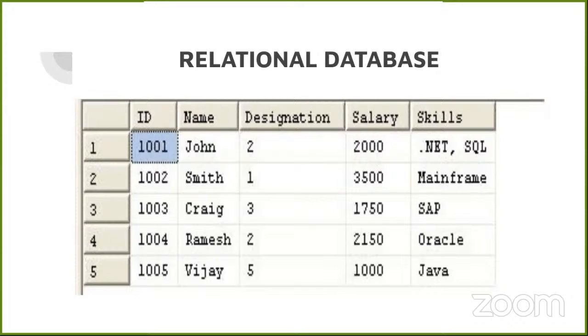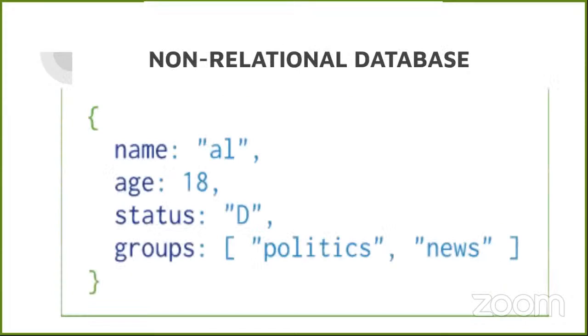So non-relational databases, on the other hand, are mostly known as NoSQL databases. They are object-based. So for example, a user can have a status, and another user could have no status at all. So that's the difference between the relational and the non-relational database.